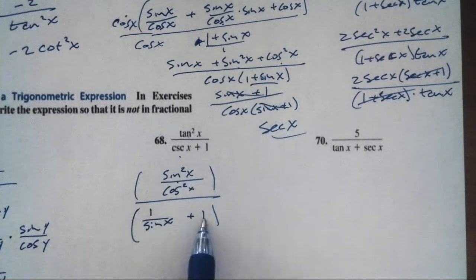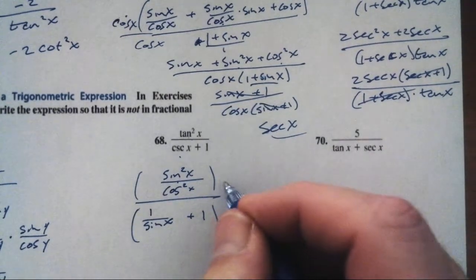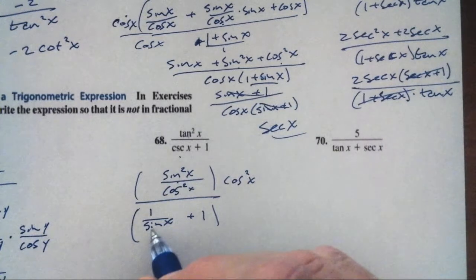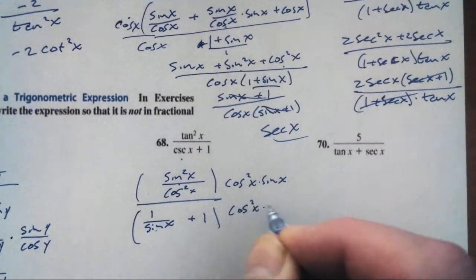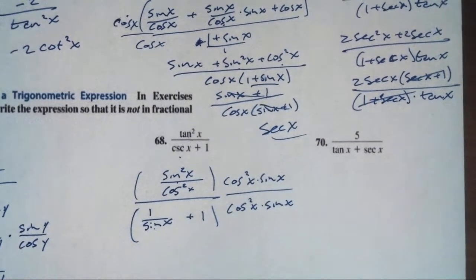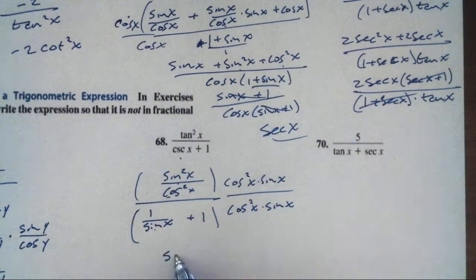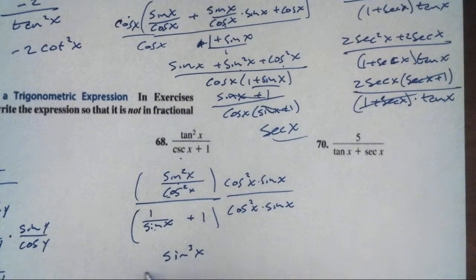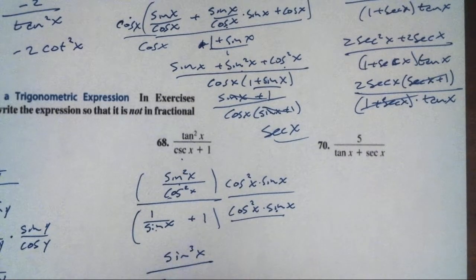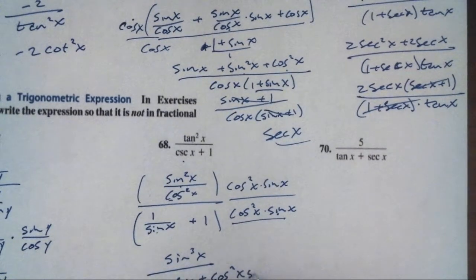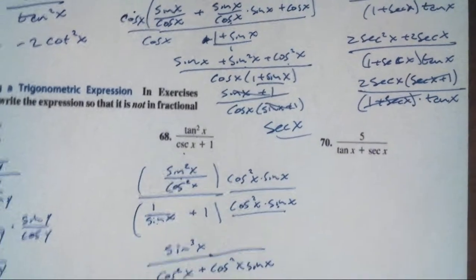Out of this term and this term, the least common denominator, we need a cosine squared, and we need a sine. This is what I call just cleaning the mess. I'm multiplying by 1. Cosine squareds cancel. I get sine cubed x, all on, when I distribute this to here, sine cancels. I get cosine squared x plus cosine squared x sine of x.